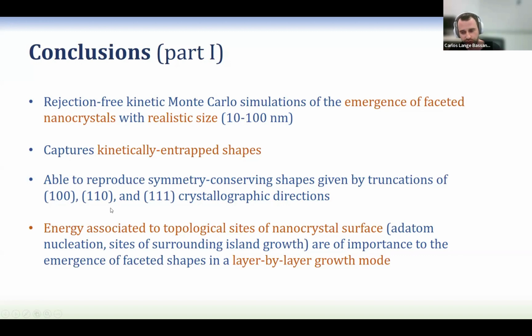And the big conclusion here: whenever we are dealing with high ratios between bond energy and temperature, they form facets, and we can assume this layer-by-layer growth, which is also called terrace-step-kink crystallization. And the main factors to understand what shape is going to arise are associated with the energy levels, associated with these topological sites in the nanocrystal surface, especially the adatom nucleation, right?